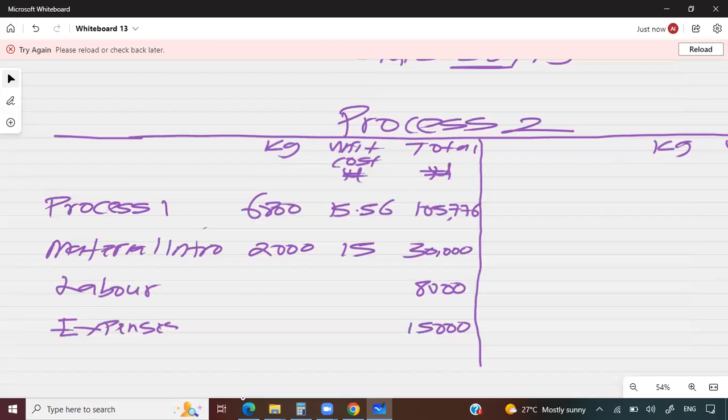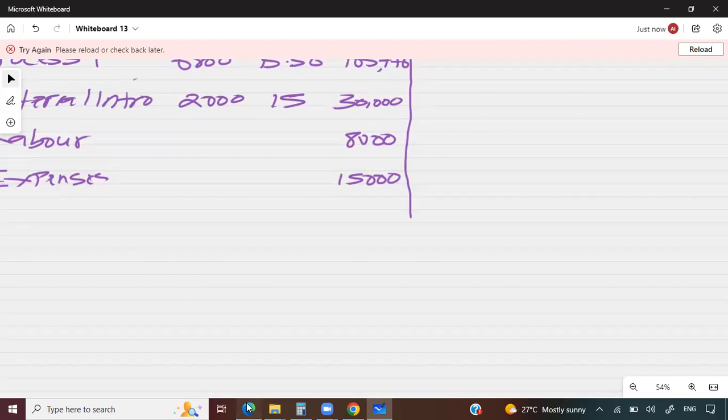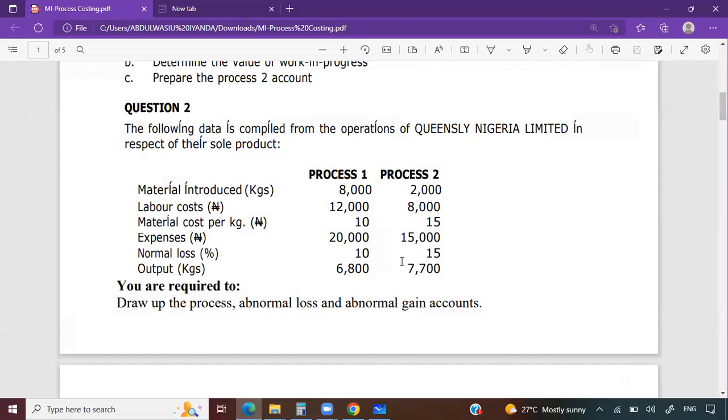We now need to do something else. We are through with process 1. In process 2, we expect a normal loss of 15%.